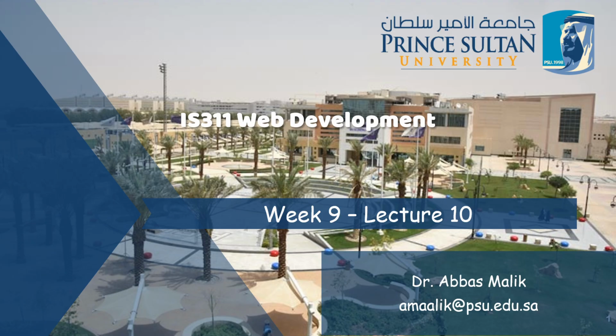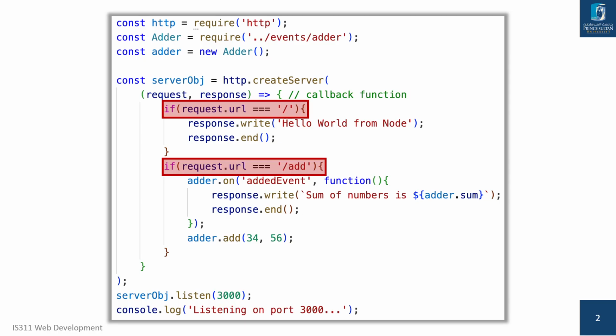So we finished our last lecture at the point where we are using the core HTTP library, or the package, which is available in Node.js to implement a web server. Using the http.createServer method, we can create a method inside it and specify a method which can handle all the requests that come to that server.